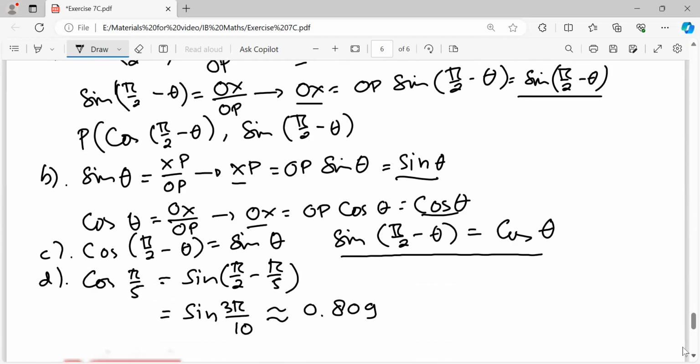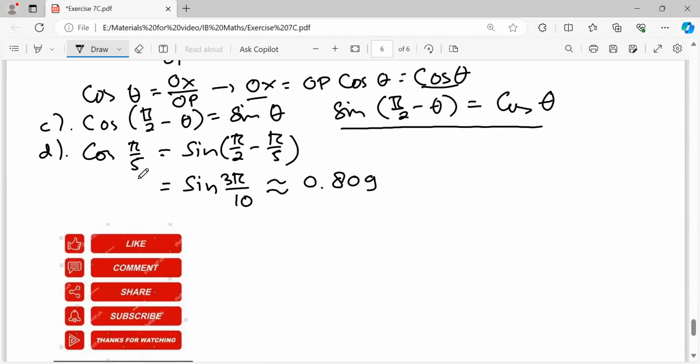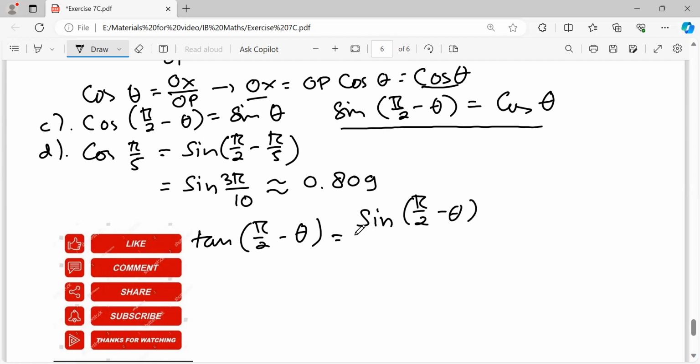Tangent of pi over 2 minus theta equals sine of pi over 2 minus theta over cosine of pi over 2 minus theta. It is cosine theta on top, and this one is sine theta.